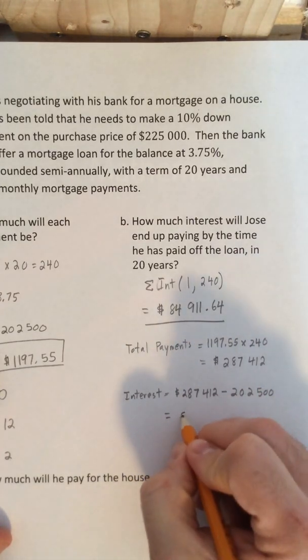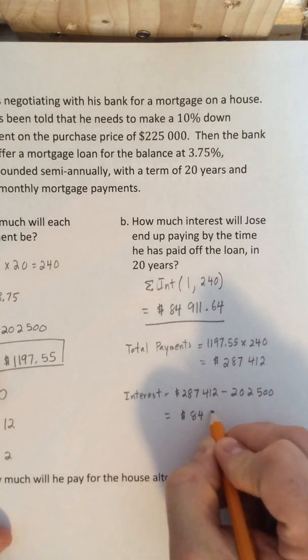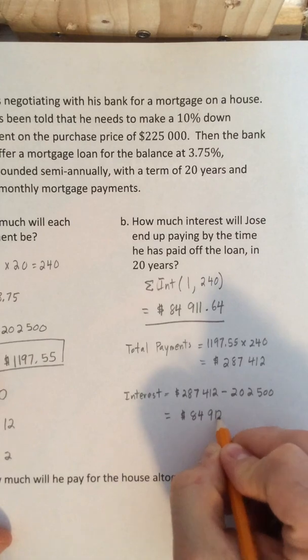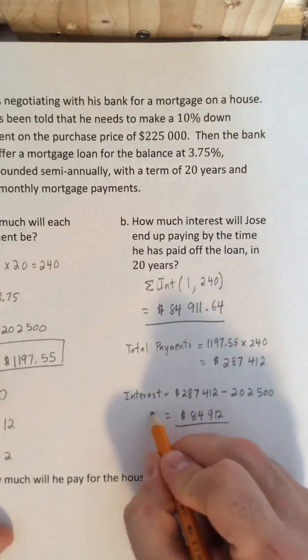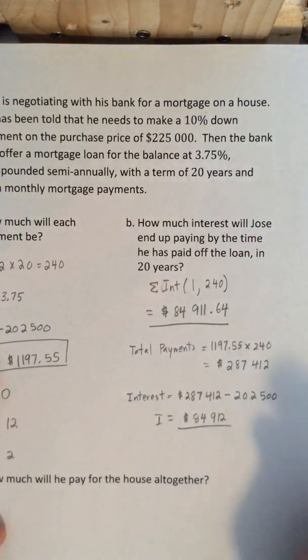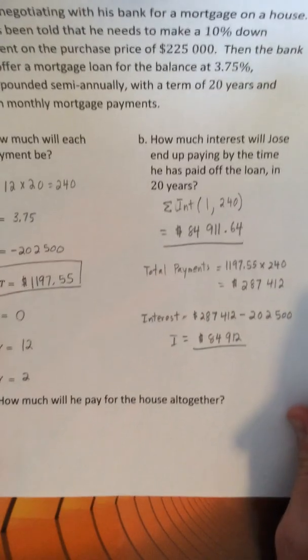If we subtract these, we would get pretty close to the same thing, $84,912. Either of these could work in this situation. So that's the total interest that he pays on his mortgage.